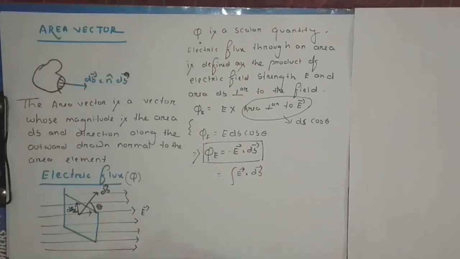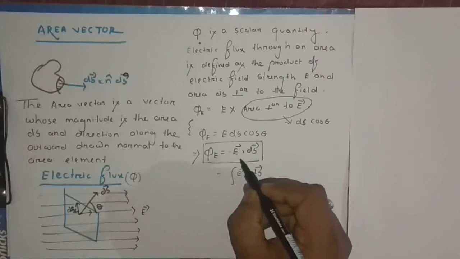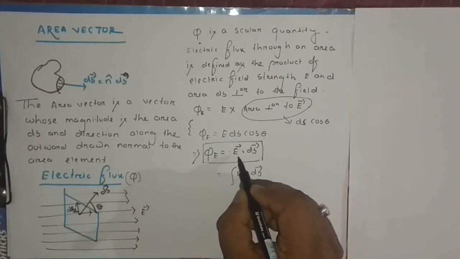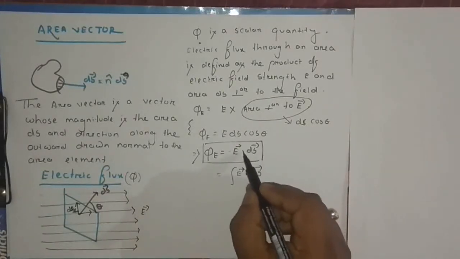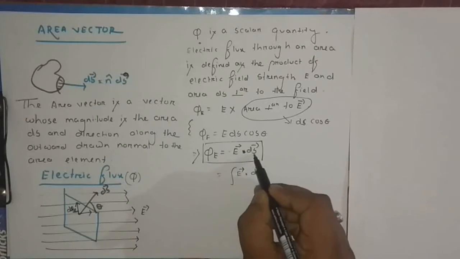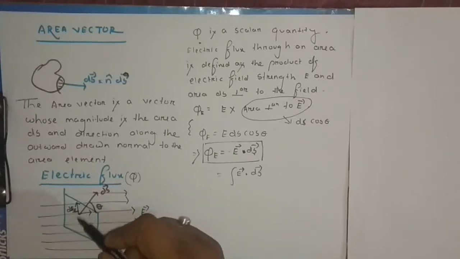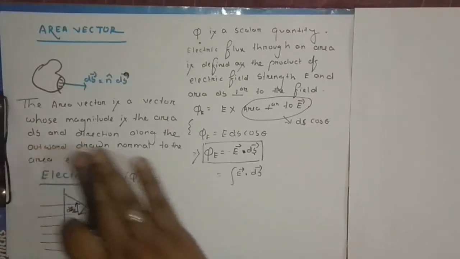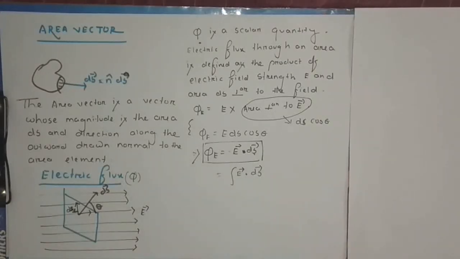Just to remind, phi is nothing but the dot product of electric field and area vector. Let me tell you again, phi is the dot product of electric field and area vector. Now, for integration, if I take a small section ds, for the total I have to take the integration, so the integral of E dot ds.